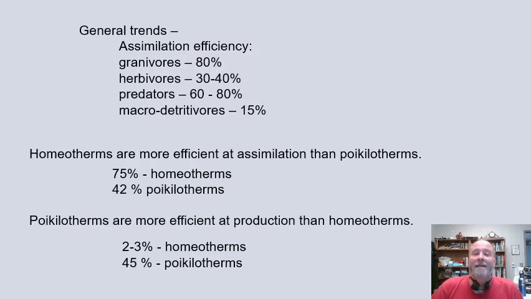So poikilotherms aren't great at digesting things, but what they do assimilate, they're really effective at converting into biomass, which is one reason why poikilotherms or ectotherms generally don't need to eat as much as homeotherms or endotherms or warm-blooded animals.